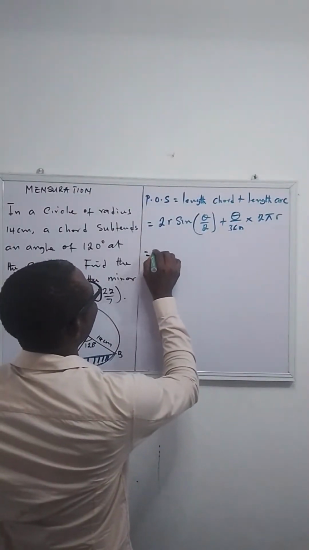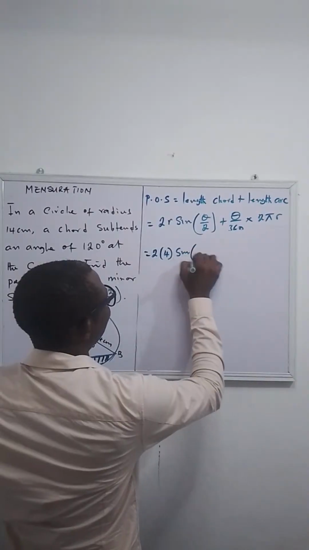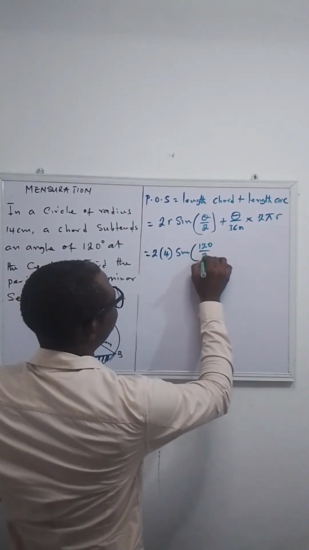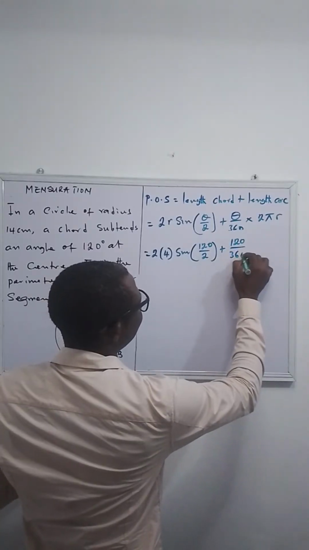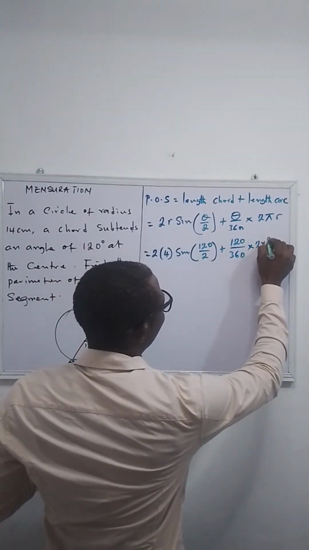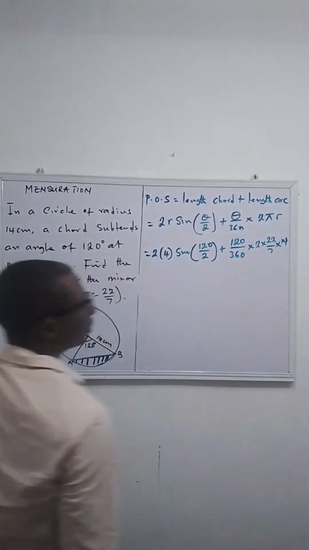So we have 2 times 14, sine 120 over 2, plus 120 over 360 times 2 times 22 over 7 times r, which is 14.